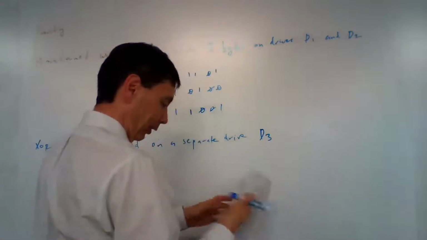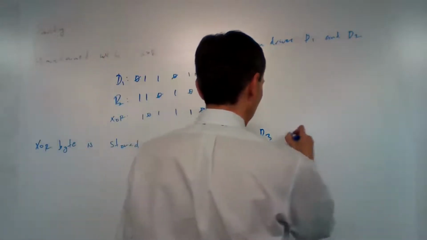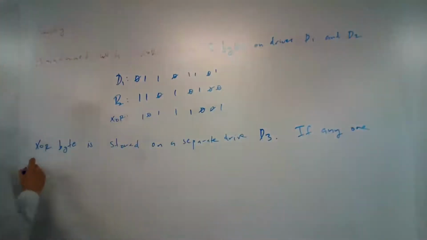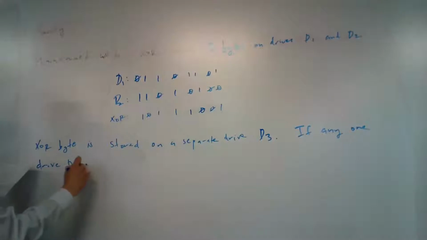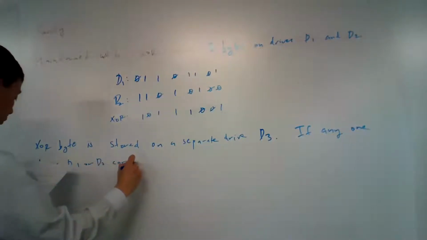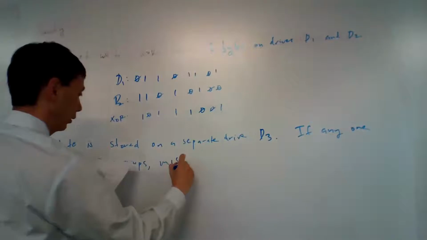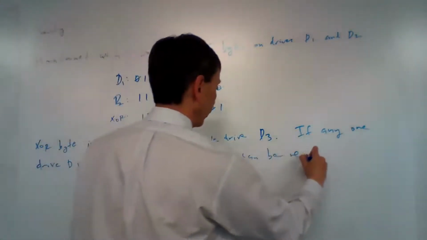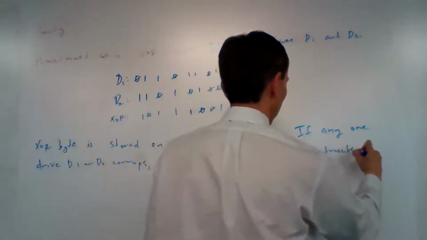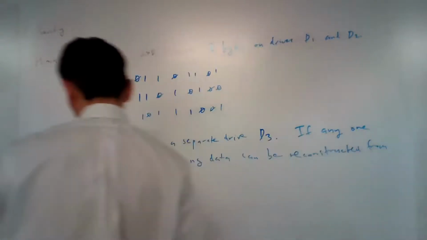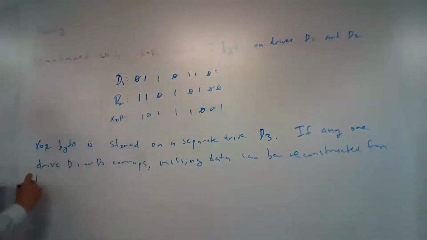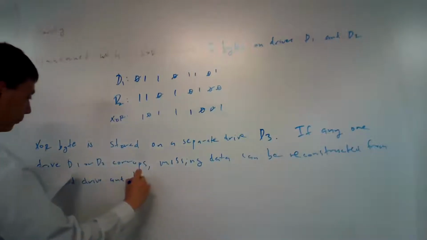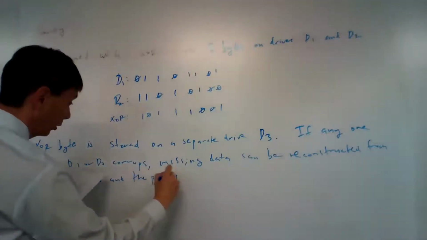Okay. And if any one drive, D1 or D2, corrupts, the missing data can be reconstructed from the good drive and the parity byte, sorry.